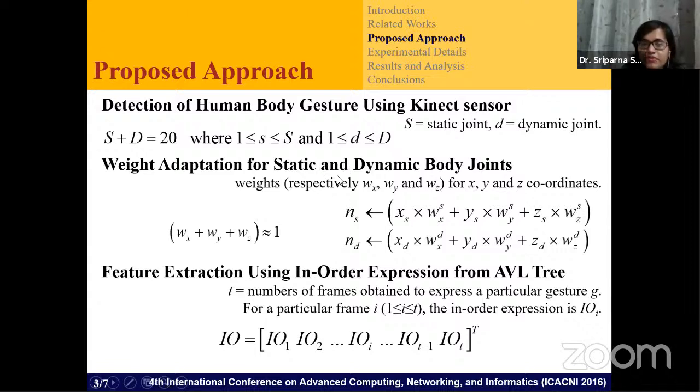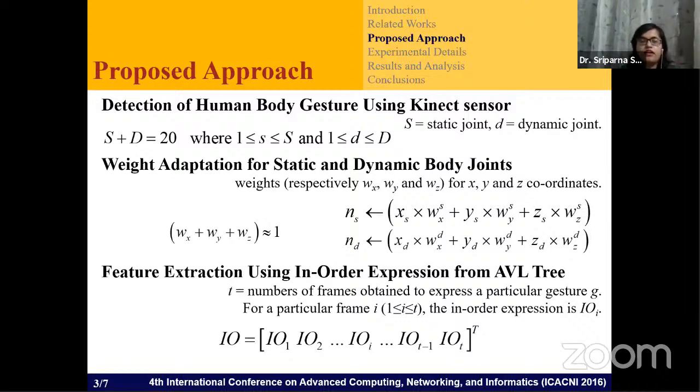After the weight adaptation for static and dynamic body joints, we are moving to the feature extraction using in-order expression. For any type of tree, there are three ways of doing the expression. You can represent it in pre-order, in-order, or post-order. I hope you already know that it depends on where the parent node belongs.